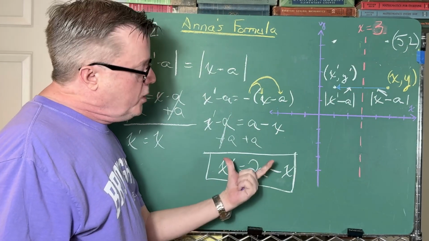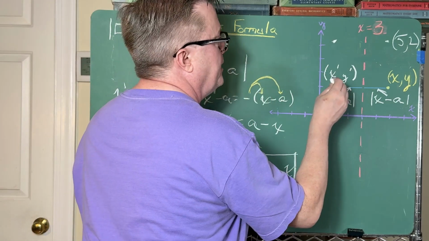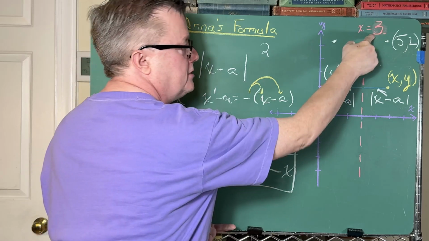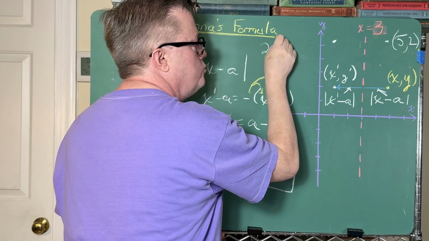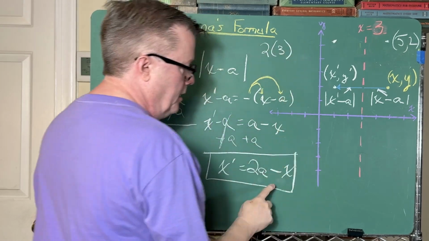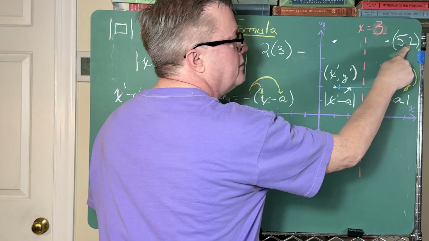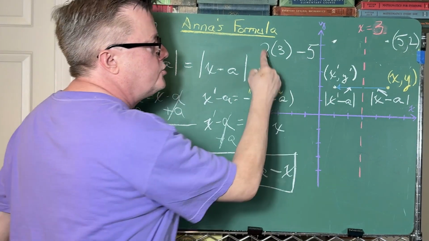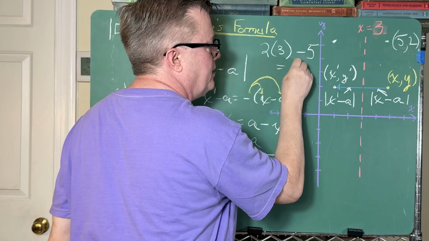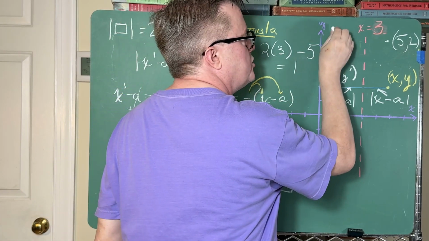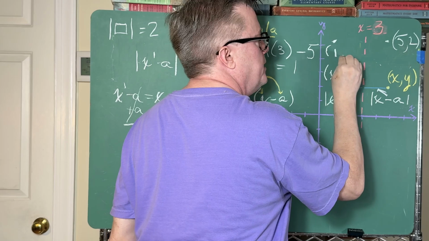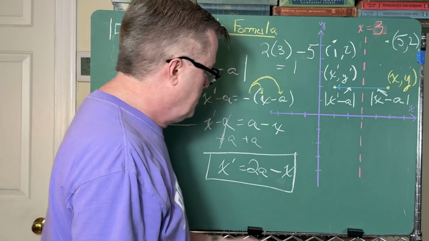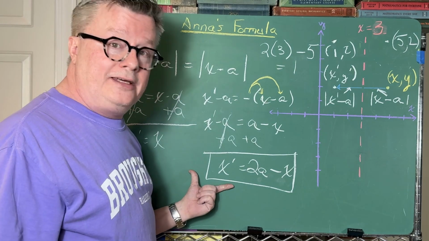I can get a new x coordinate by multiplying 2 times a, 2 times the value of the reflection line, which is 3, and subtract x, the value of the x coordinate of the point. 2 times 3 is 6, 6 minus 5 equals 1. So that tells me this new point is at 1, 2, which is exactly what we found a little while ago. So this formula actually is something.